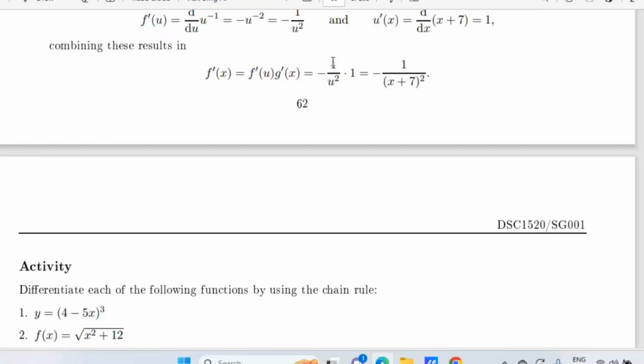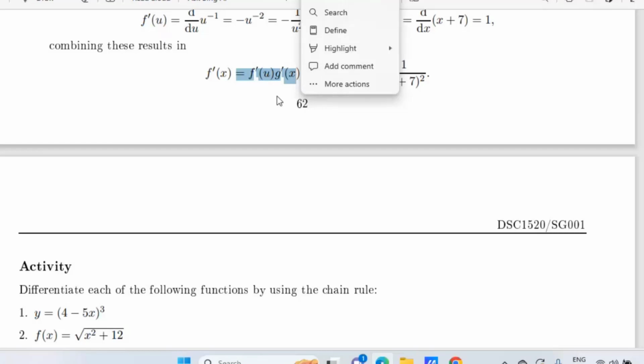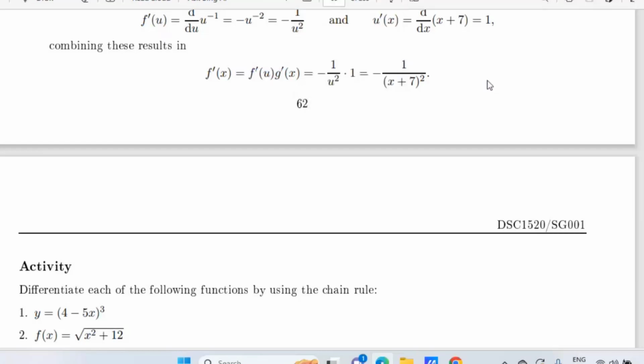Now, using the chain rule, using this formula, we have f prime of x is equal to f prime of u times g prime of x. f prime of u, we know, is 3u squared, multiplied by the derivative u prime of x, which is minus 5.